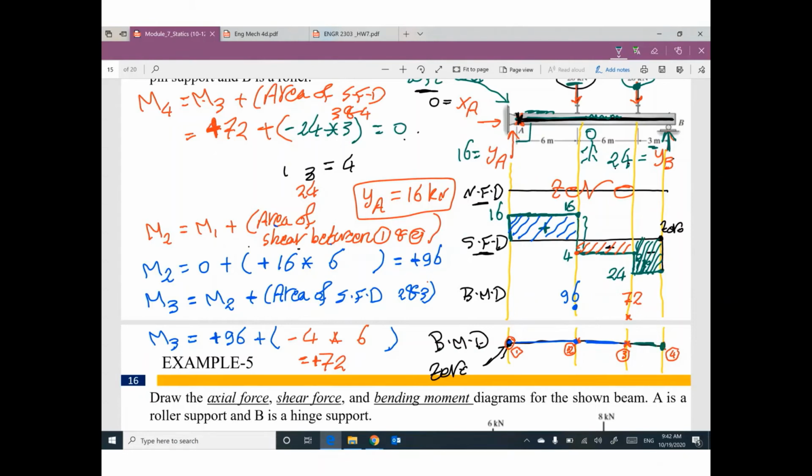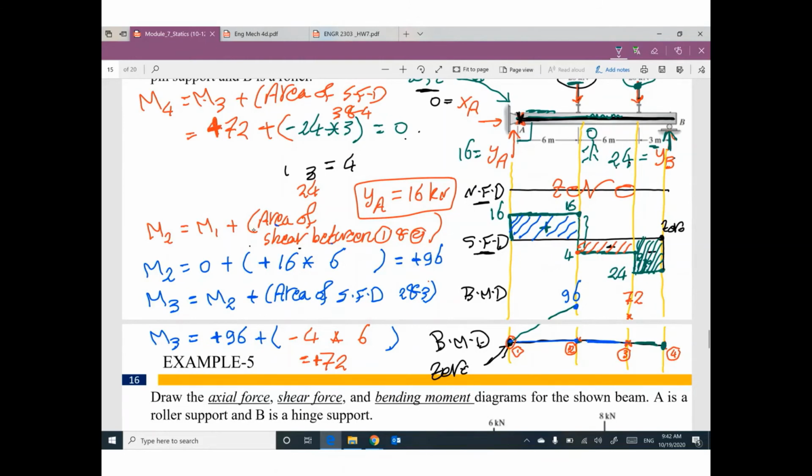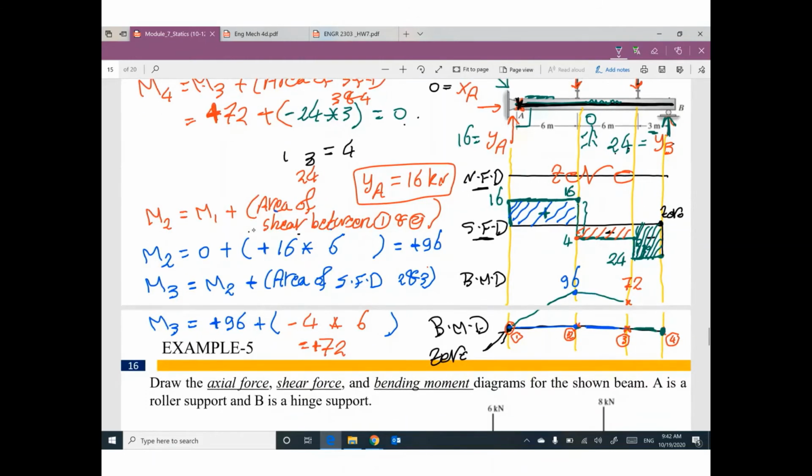After you are done with M1, M2, M3, and M4, I can draw lines. This diagram, which is positive, is called the bending moment diagram. Very easy. But we have a big concern here.